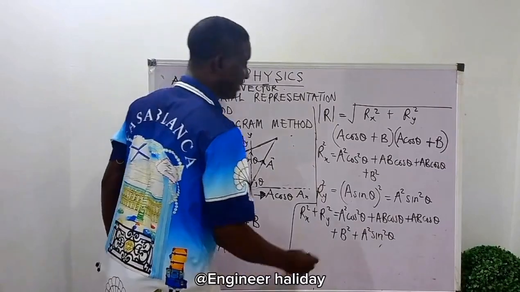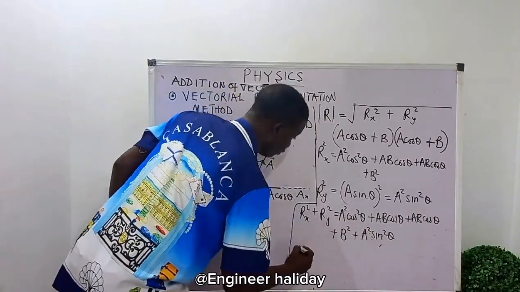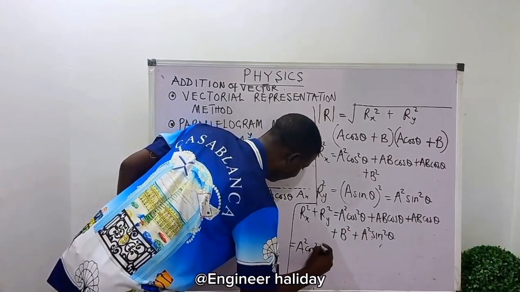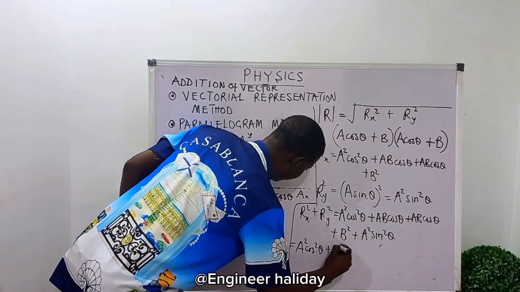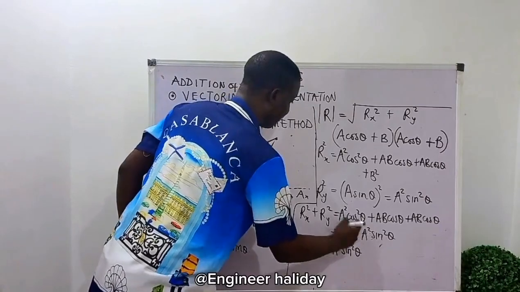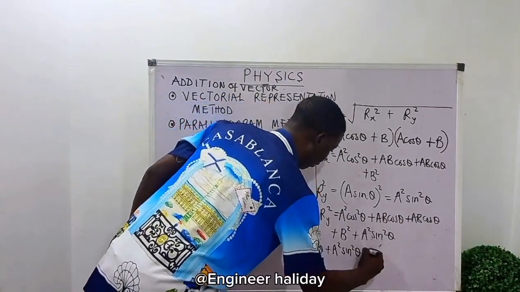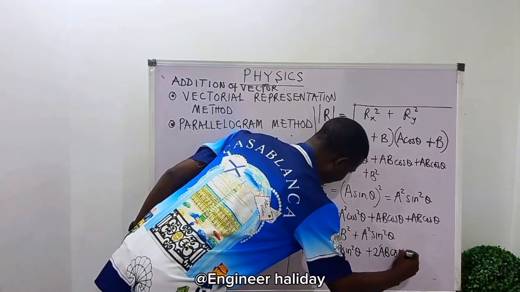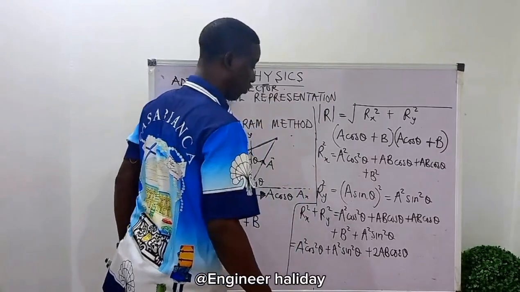Now if you combine this and this together, you want to have a square cos square theta plus a square sin square theta. And this one gives us plus 2ab cos theta.